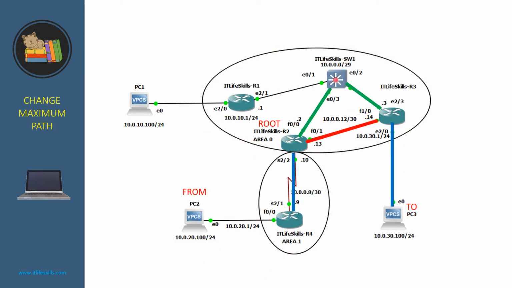As you may know, in OSPF, there is a feature called maximum paths to limit how many links can be used for load balancing. The reason OSPF on IT Life Skills Router 3 did not install the second route into the routing table may be that it is configured with maximum paths. Let's verify it.